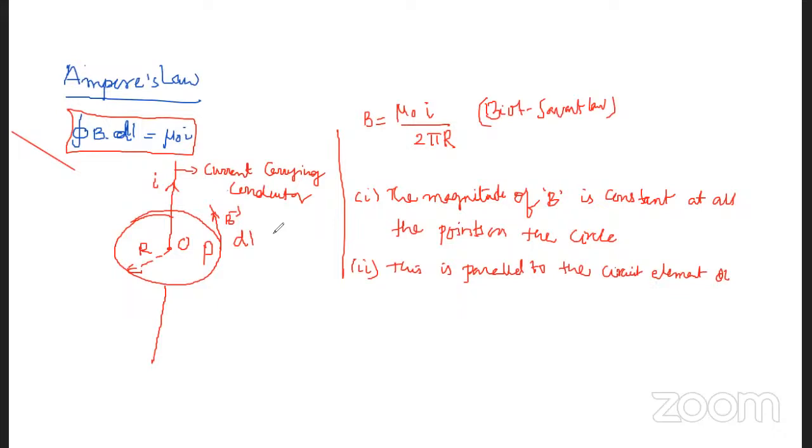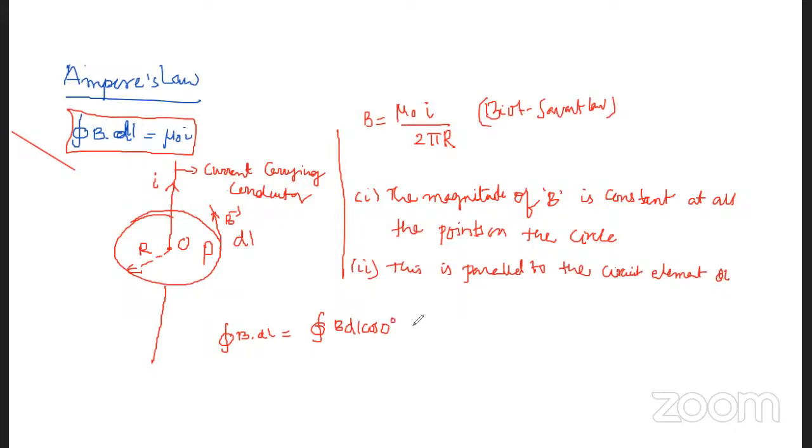Therefore, the line integral of magnetic field B along the circular path is given by the integral of B dot dl, which will be equal to the integral of B dl cos 0 degrees.